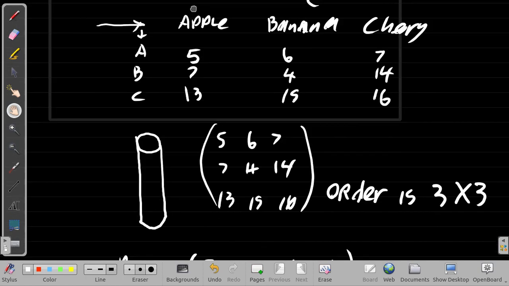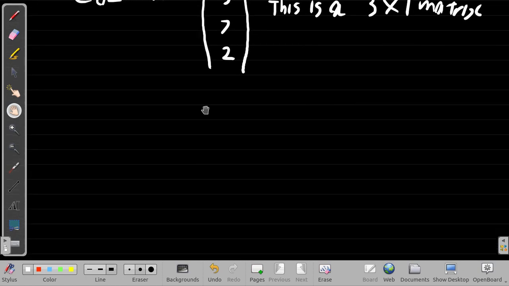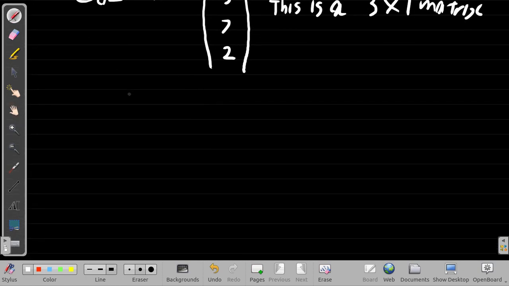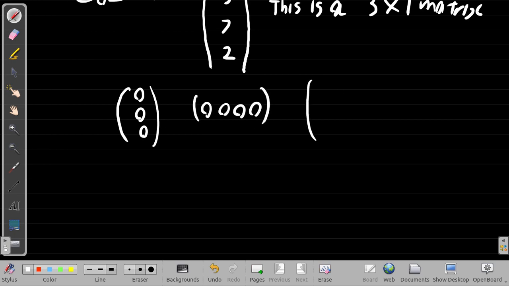Then let's talk about the null matrix. You remember sets, and you talked about the null set. Well, the null matrix is a matrix where all of the elements are 0. That's a null matrix. That's a null matrix too. This is a null matrix too, because all of the elements are 0.